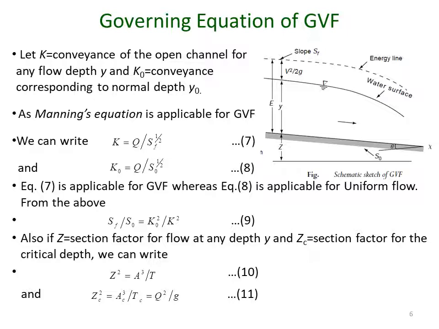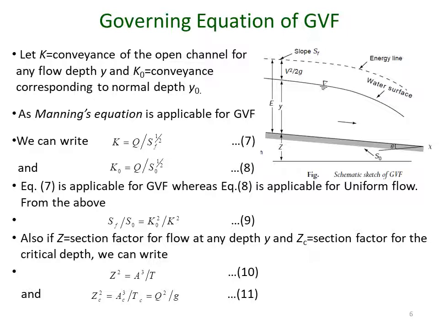We already discussed that resistance equations which are applicable for uniform flow are also applicable for gradually varied flow. So from equations 7 and 8, we can write equation number 9, SF by S naught equals K naught squared by K squared.